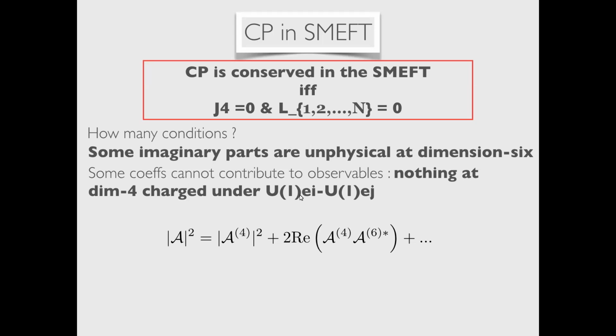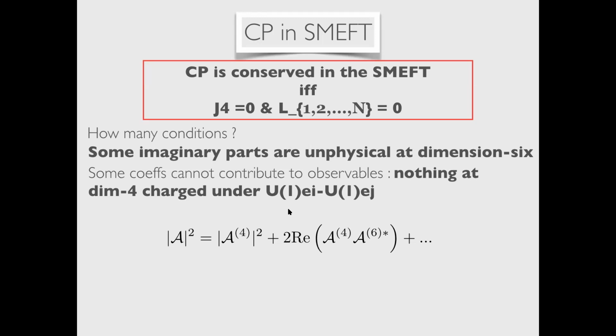If they can contribute to an observable, they have to do it in a way that is independent of this phase rotation. For instance, the electron EDM should not depend on which field I use to excite the electron, whether it's one field or i times this field. The notion of the electron EDM should not depend on that. That means that if you take a combination of parameters that enter, let's say, EDMs, it has to do it in a way that is independent of this rephasing of the field.